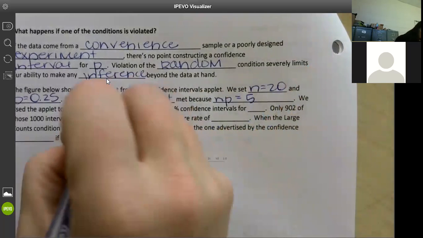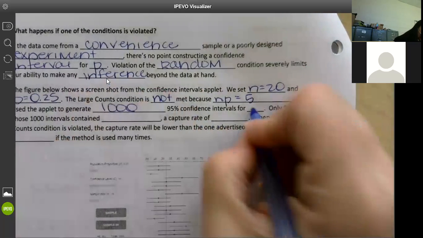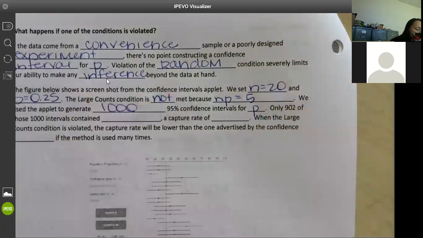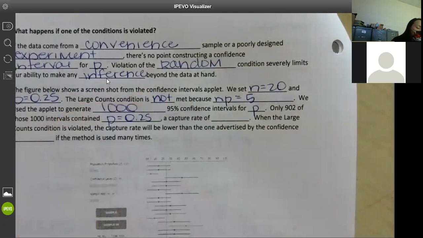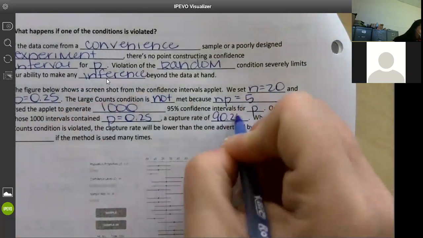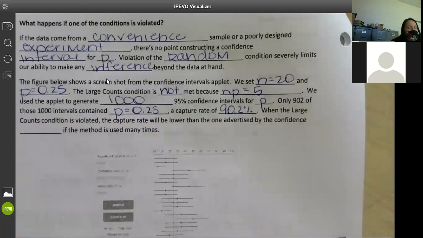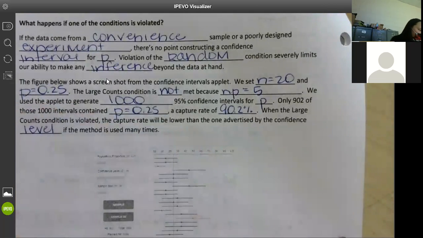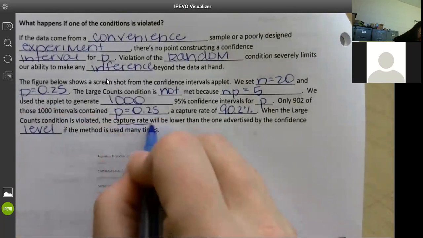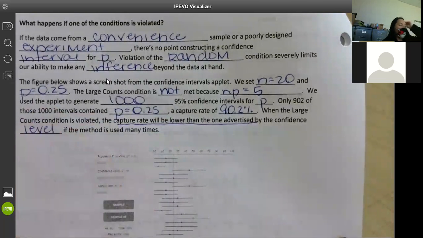We use the applet to generate 1,000 95% confidence intervals for P. And only 902 of those 1,000 intervals contained that proportion 0.25, which is a capture rate of 90.2%. When the large counts condition is violated, the capture rate will be lower than the one advertised by the confidence level. Okay, make sure you know that. The capture rate will be lower than the one advertised if large counts is violated.